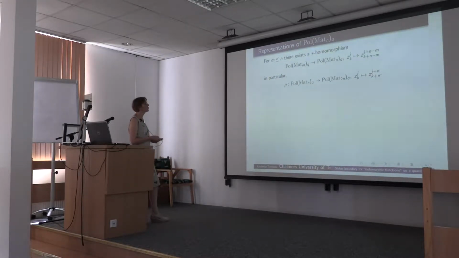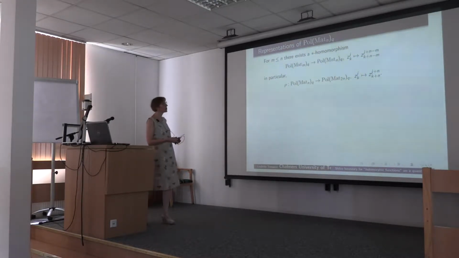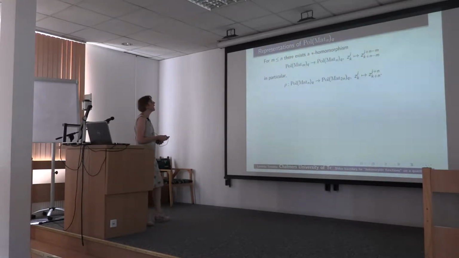Yeah, so I want to have some nice description of this Fock representation in order to work with it. For this, I need some kind of embeddings. For example, if m is less than or equal to n, I can always embed Pol_{m,n}^q into Pol_{n,n}^q in this way. In particular, I will have this star homomorphism from Pol_{m,n} to Pol_{2n,q}.